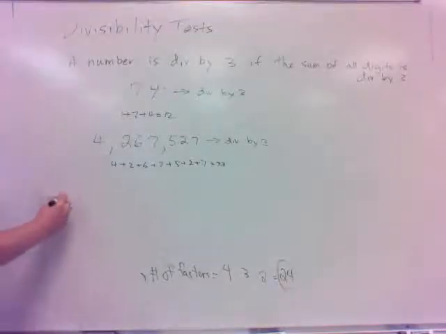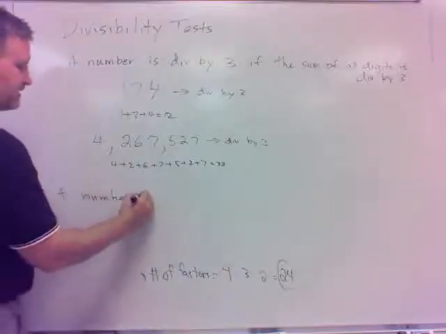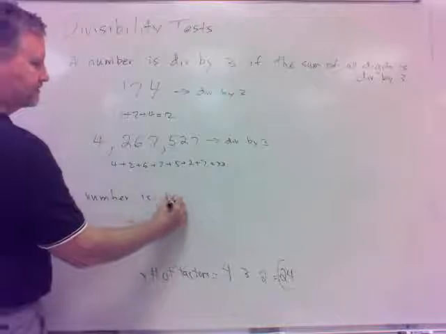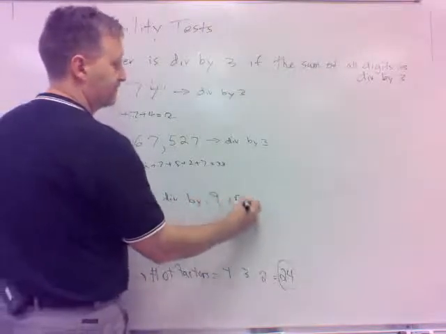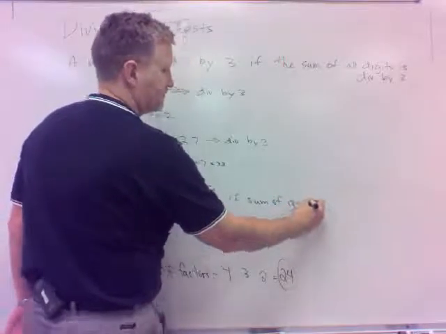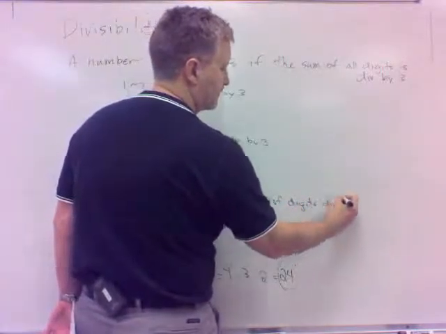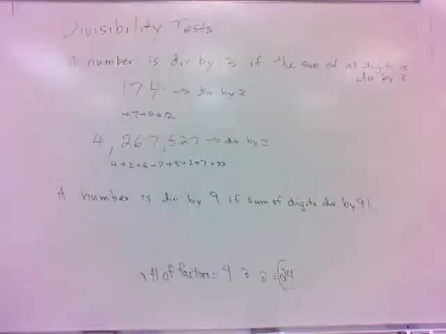Well, I grouped that with 9 because it's the same thing with 9. A number is divisible by 9 if the sum of its digits is divisible by 9. So it's nice because it goes along with 3.